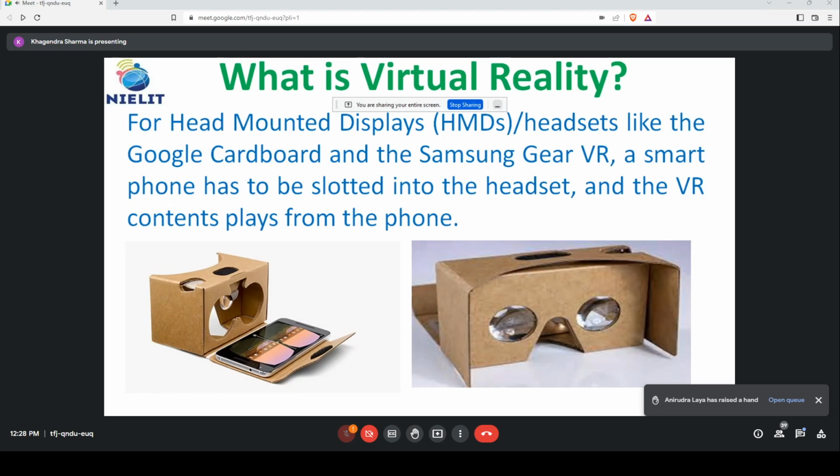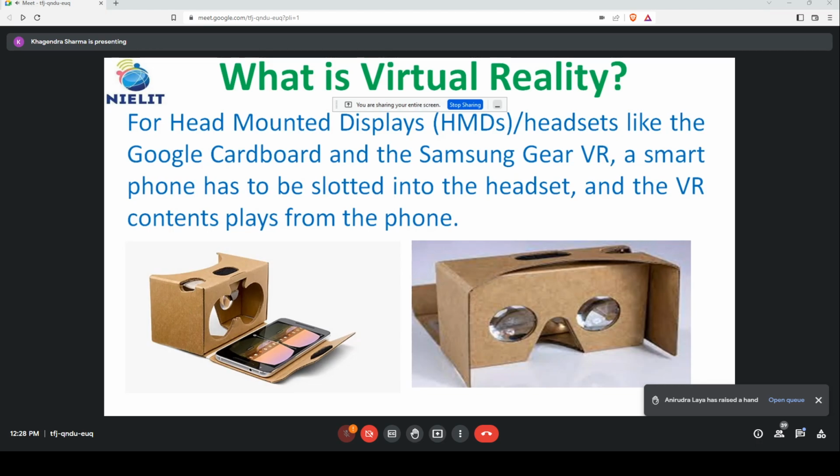Once you have the Google Cardboard, all you need to do is insert a smartphone into the slots available in the head-mounted display. Once you do it, you put it on your head, and there are two lenses, one for each eye. The concept of virtual reality is that when your eyes see two different images at different angles, the resultant object created is 3D.